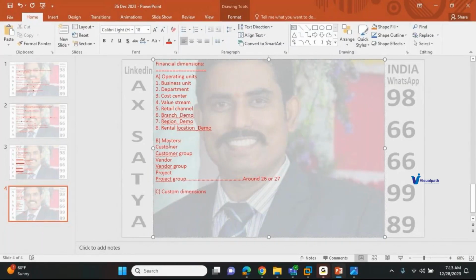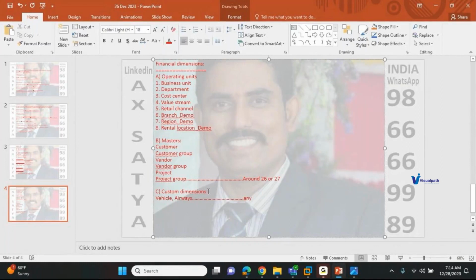Now, custom dimensions. What is a custom dimension? In the system, we don't have airways, and vehicle is not a master in the system. Then I can create vehicle as a dimension, airways as a dimension.